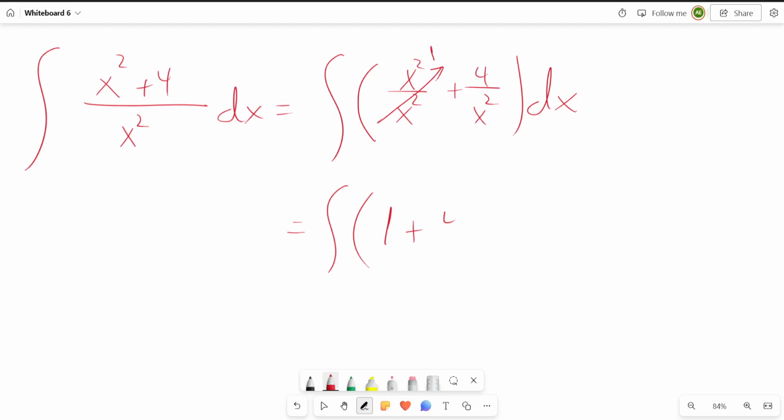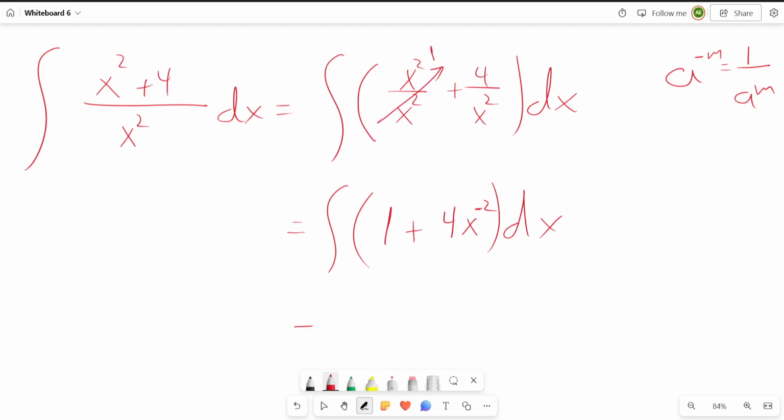We can write this as 4x to the power negative 2, because I know a to the power negative m is the same as 1 over a to the power m. So if we have an x squared in the denominator, we can put it up in the numerator and multiply the power by negative 1, dx.